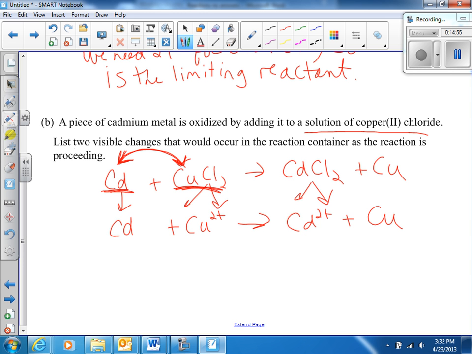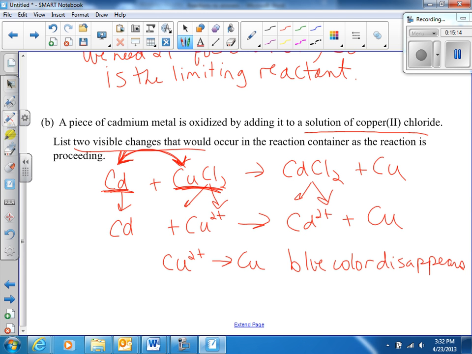List 2 visible changes. Okay, color changes. Copper 2+ to copper, so the blue color disappears.